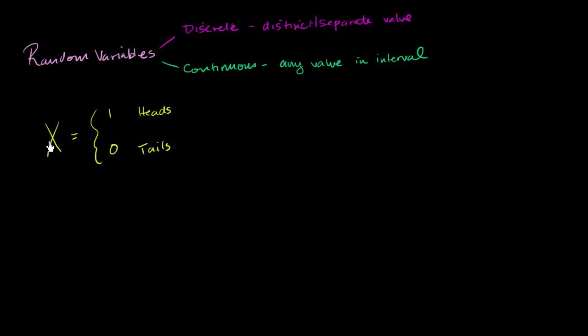Well, this random variable right over here can take on distinct values. It can take on either a 1 or a 0. Another way to think about it is you can count the number of different values it can take on. This is the first value, this is the second value. So this is clearly a discrete random variable.